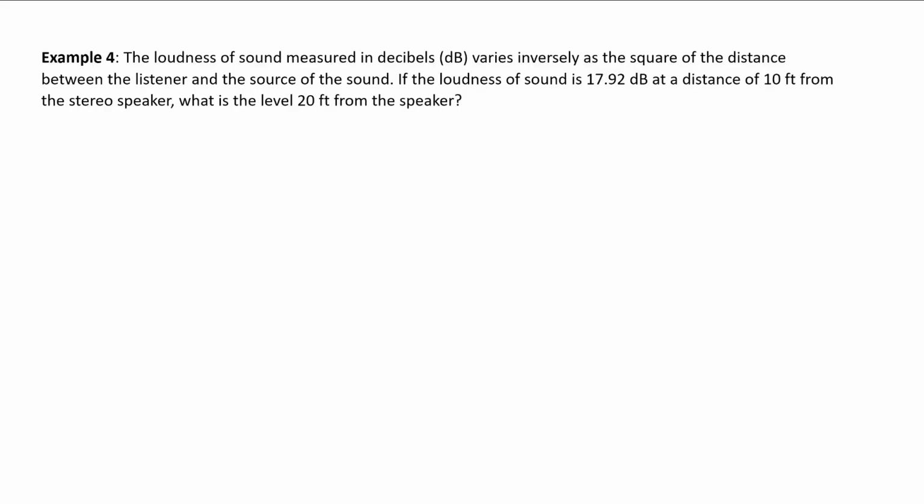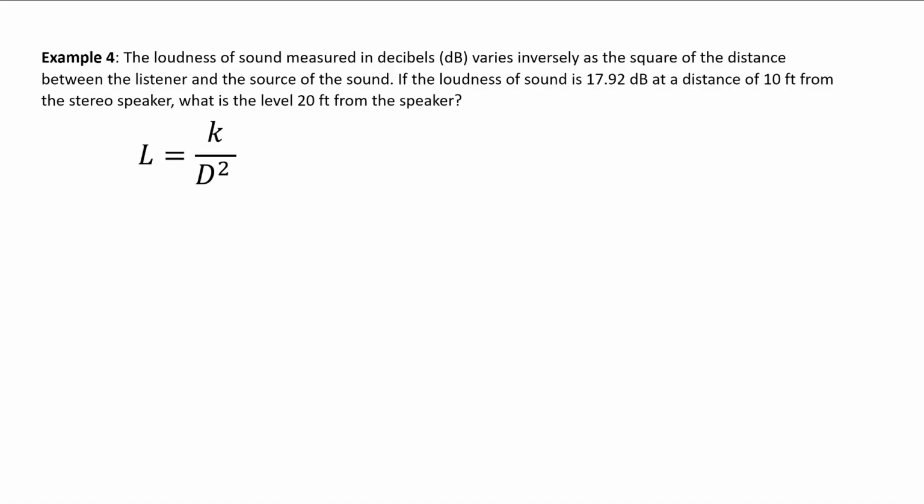Okay, example 4. The loudness of a sound measured in decibels varies inversely as the square of the distance between the listener and the source of the sound. If the loudness of a sound is 70.92 decibels at a distance of 10 feet from the speaker, what is the level 20 feet from the speaker? So we have this variation.